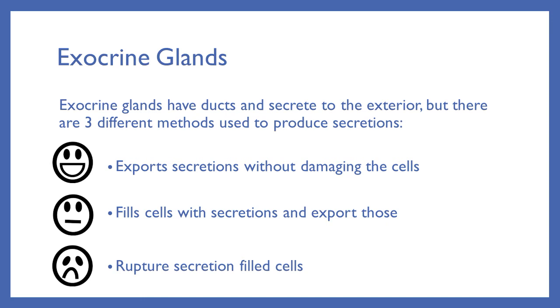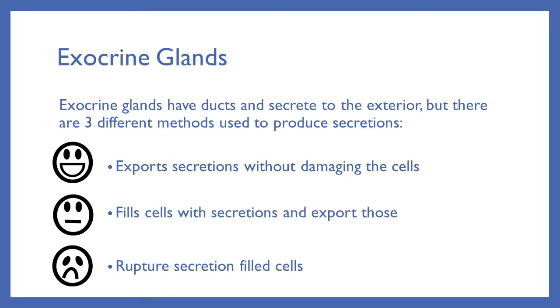Exocrine glands have ducts and secrete to the exterior, but there are 3 different methods used to produce secretions. The first one is the one where if I was a gland, I would want to be. These glands export their secretions without damaging the cells of the gland.